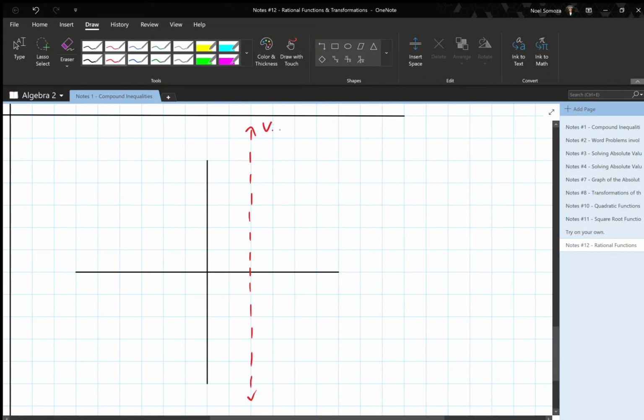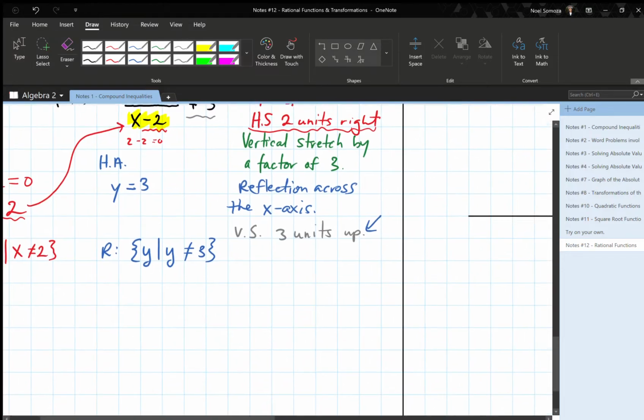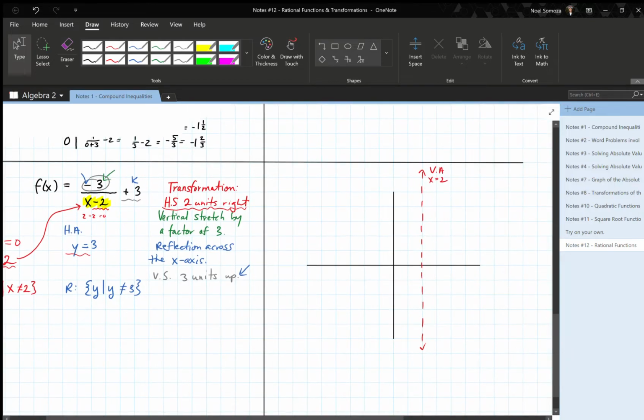So VA at x equals 2, and then a horizontal asymptote at y equals 3. So let's go there, 1, 2, 3. Horizontal asymptote this way. So HA at y equals 3.